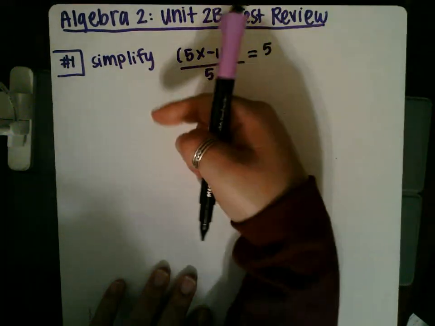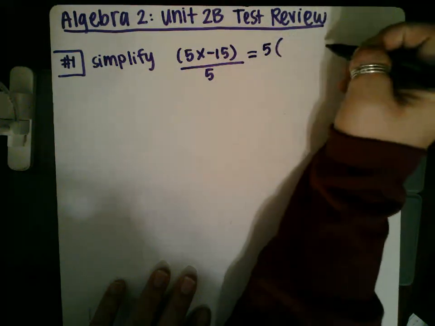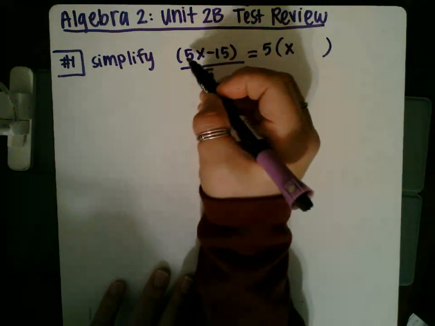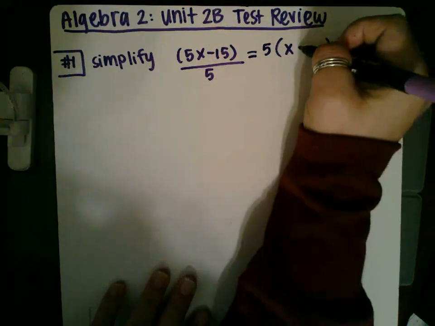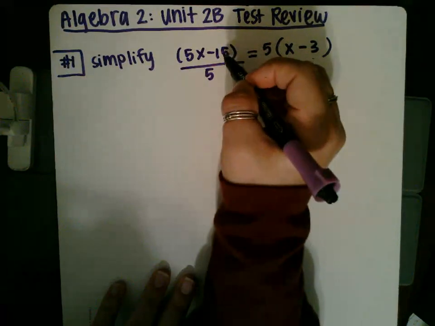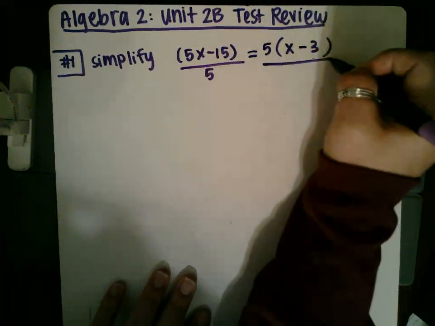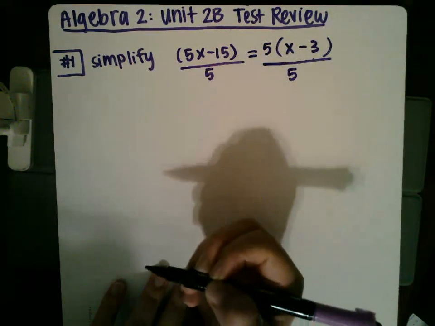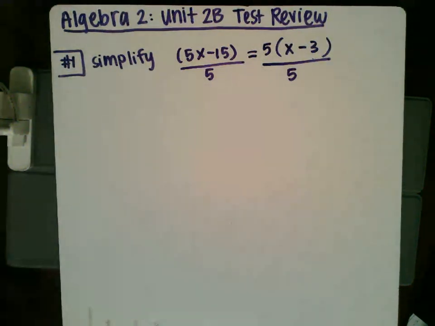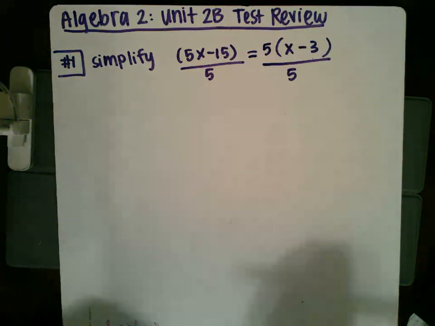And when I factor the 5 out, what's left behind is x, because 5 times x is 5x, and negative 3, because 5 times negative 3 is negative 15, all over 5. Now here we notice that we finally have something in the numerator that is exactly the same in the denominator.